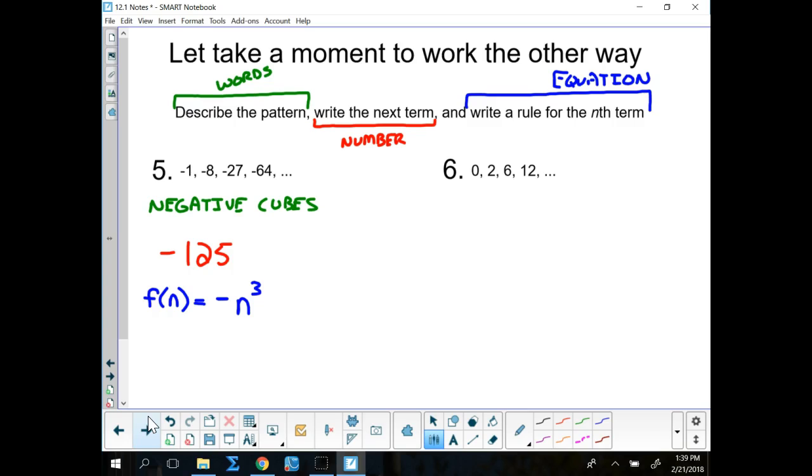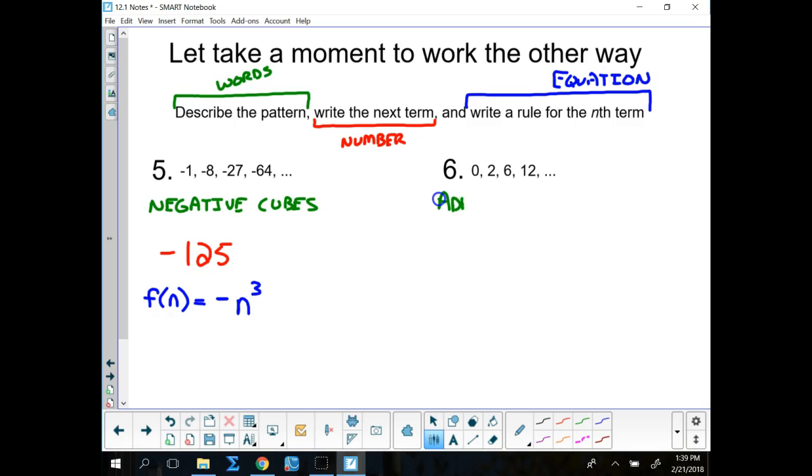What do we got? But we're not adding 2 every time, because then the third term would be 4. So you're adding, right?